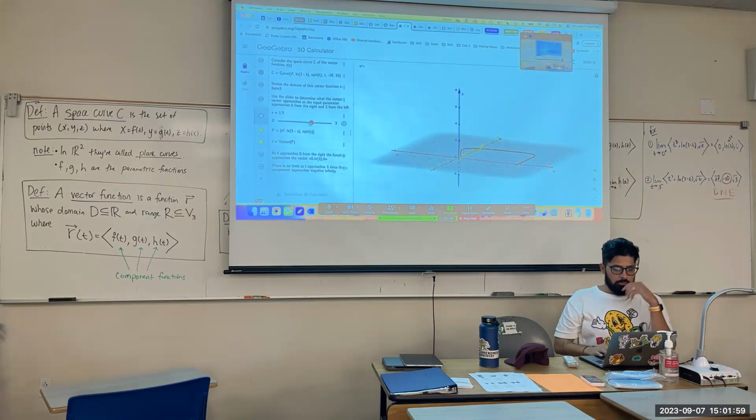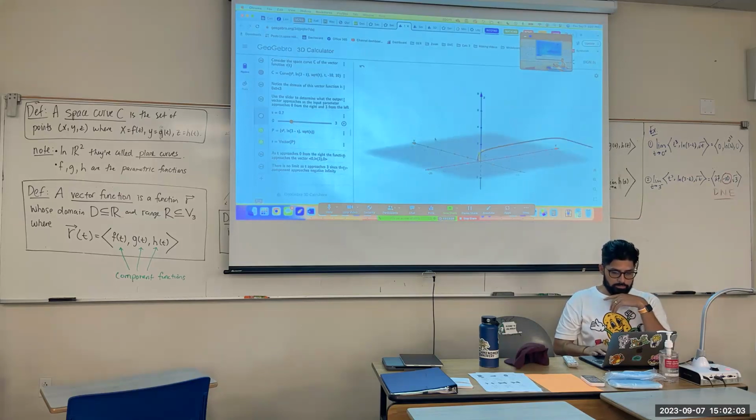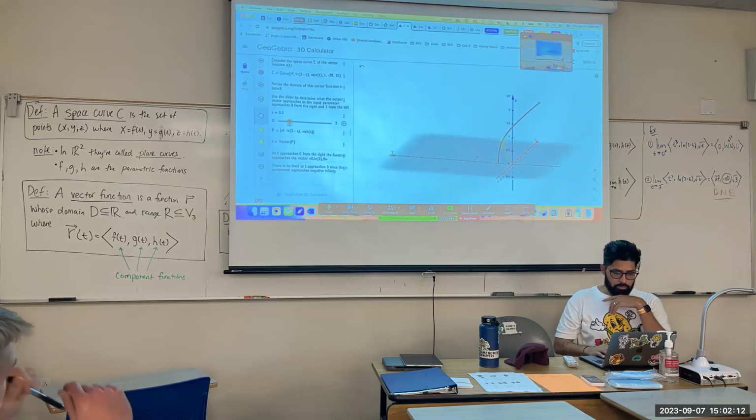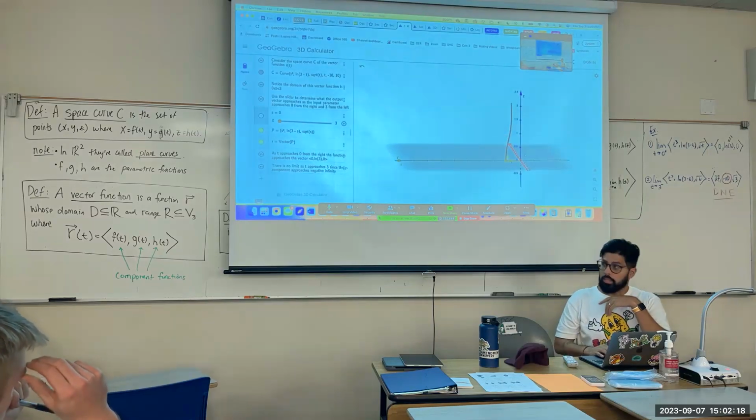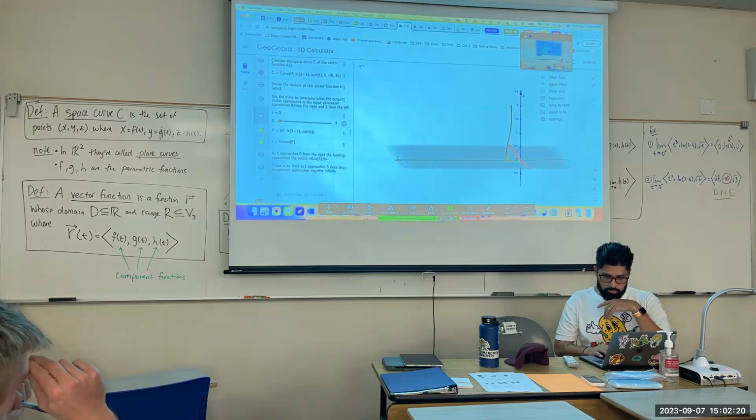But let's see, as t is approaching 0, it approaches that vector right there, this green one. Can you see the green vector? Let me remove this.